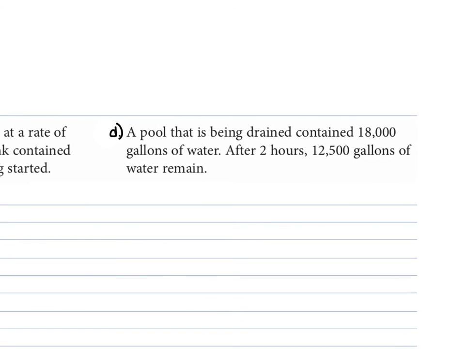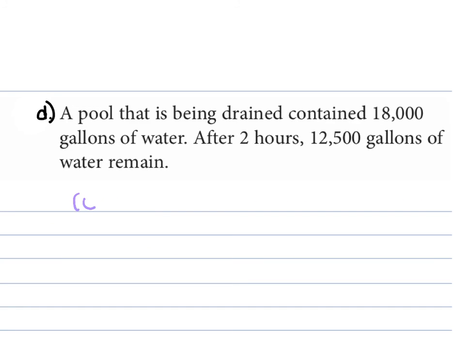For our last example, D, it says a pool that is being drained contained 18,000 gallons of water. After 2 hours, 12,500 gallons of water remain. So these are the 2 points of 0, 18,000, and 2, 12,500. So find your slope.